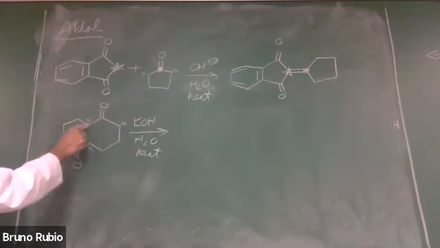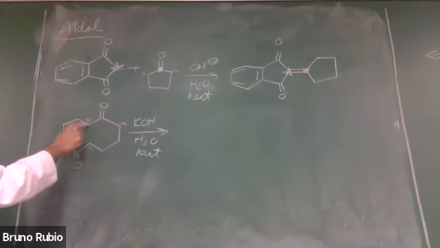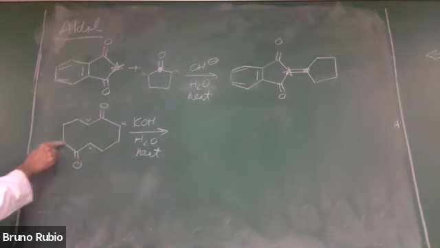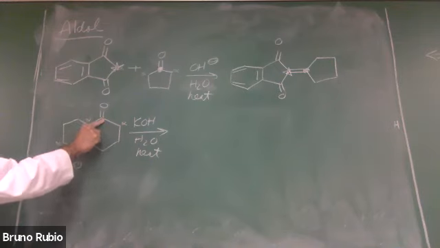So do I enolize here and attack here? Yeah, I could. I'm going to get a 1, 2, 3, 4, 5 member ring. Could I enolize here and attack there? I could. Do I enolize there and attack there? I could.